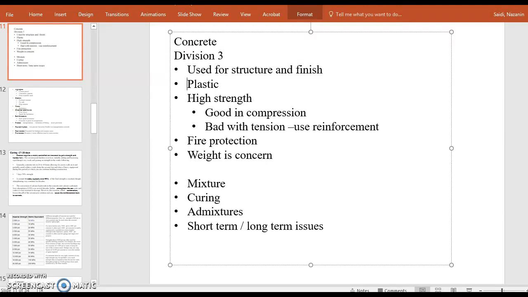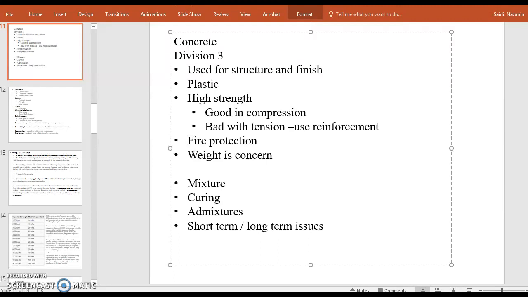It has high strength. It is fantastic in compression, not very good in tension. In order to provide for its weakness in terms of tension, we use rebars, we use reinforcement, we use metals to reinforce it. It is a fantastic material in terms of fire protection.